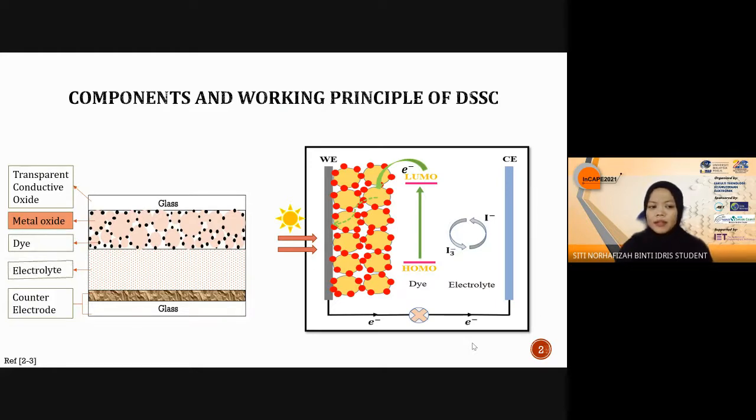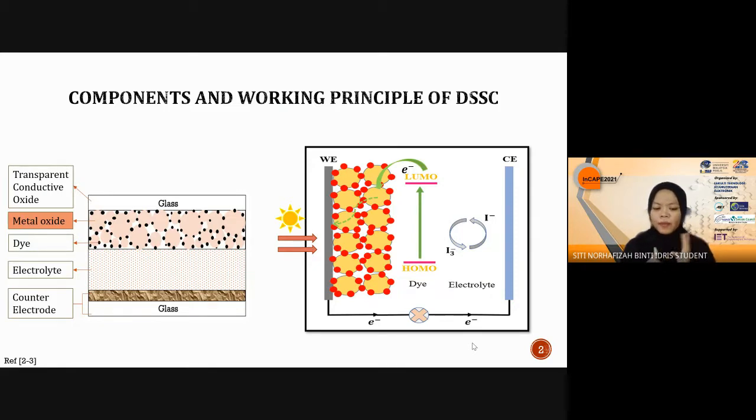Next is electrolyte, and the last layer is the counter electrode, which is glass coated with a catalyst, usually carbon, platinum, or graphite. On the next picture, I will explain the working principle of the DSSC.